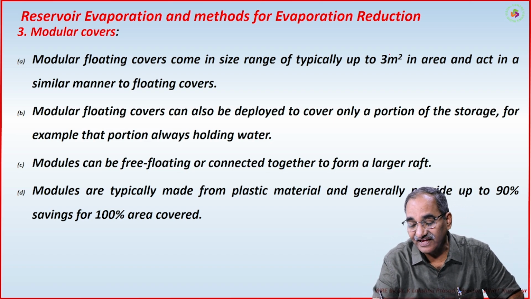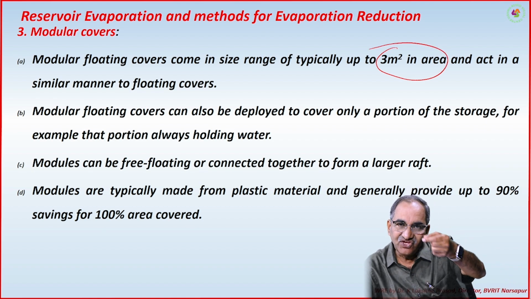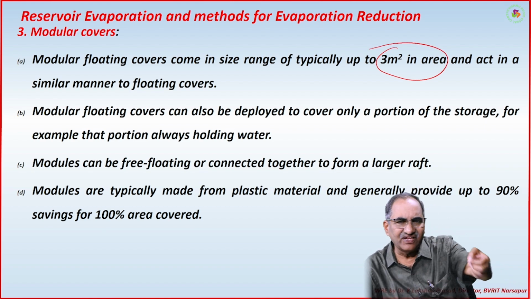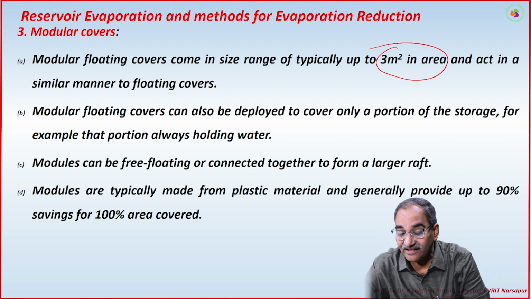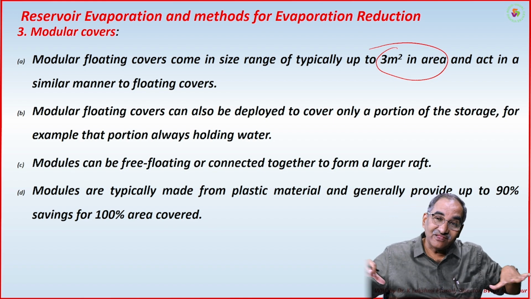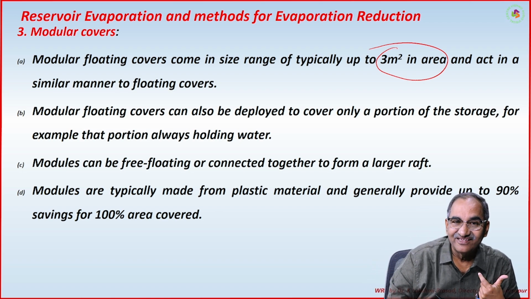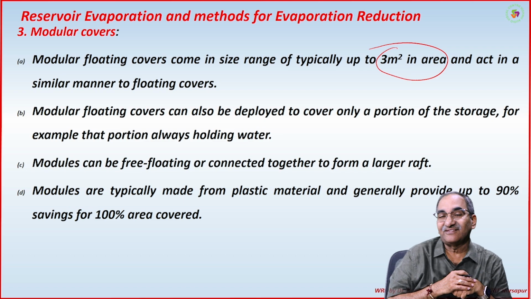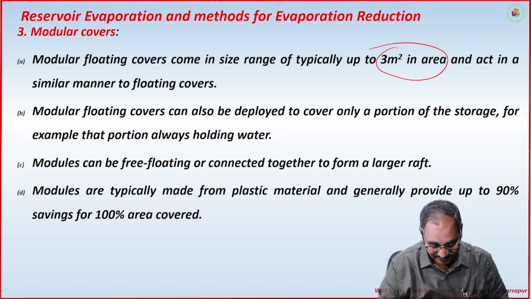For example, each plastic sheet, a square or rectangular sheet, is a 3 meter square area, and then we put it. But again, the problem is to keep all these covers intact. The cost of the mechanism usually required is very, very high.